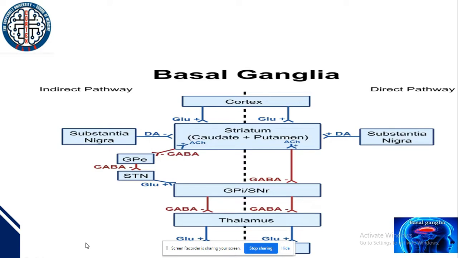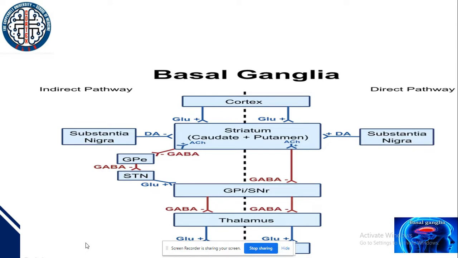For the sake of understanding for now, we're going to use the putamen to represent the striatum. So glutamate released from the cortex is going to excite the putamen. The putamen to globus pallidus internus pathway makes use of GABA. And GABA is an inhibitory neurotransmitter.